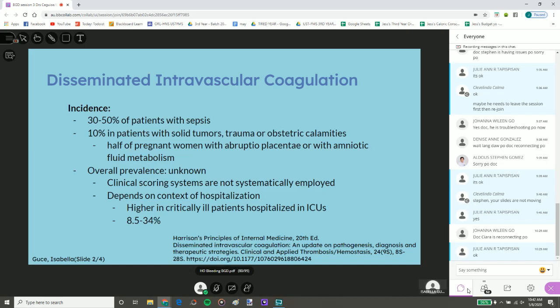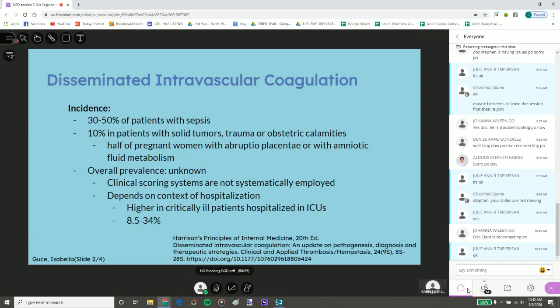The overall prevalence of DIC in hospitalized patients is unknown because the established clinical scoring systems for DIC are not systematically employed in clinical practice. Furthermore, the prevalence of DIC depends on the context of hospitalization, though it is higher in critically ill patients admitted in ICU.